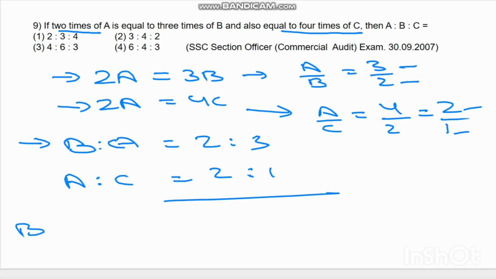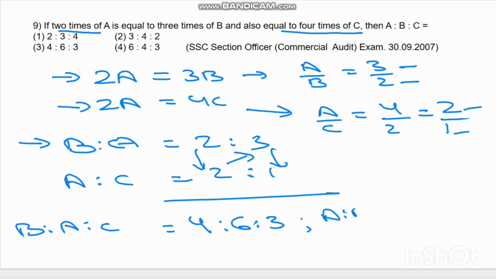So B is to A is to C equal to 4 is to 6 is to 3. But we want answer as A is to B is to C. So 6 is to 4 is to 3. Option 4 is correct answer.